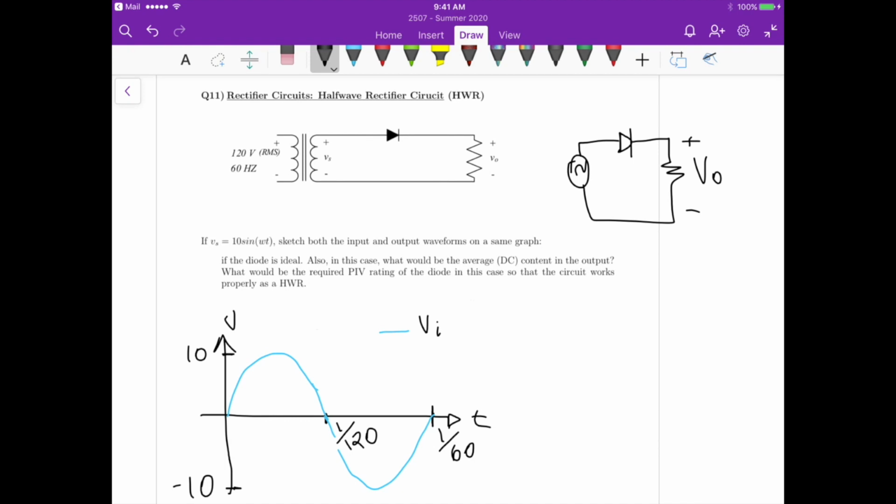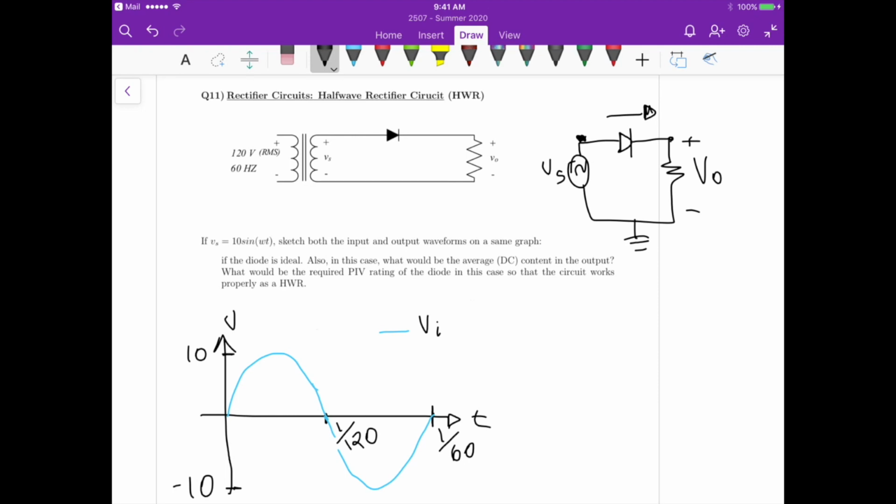We know that an ideal diode allows current to flow only in a single direction like this. Suppose we have the ground here. For a positive value of voltage, this diode is a short circuit, and the voltage that we measure at the output is just Vs.